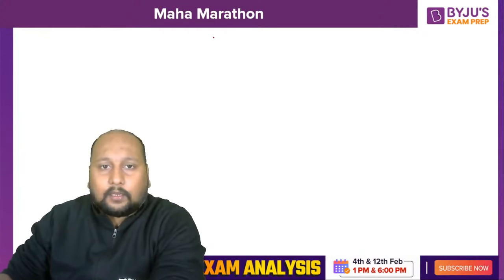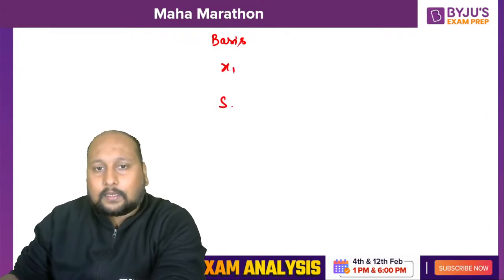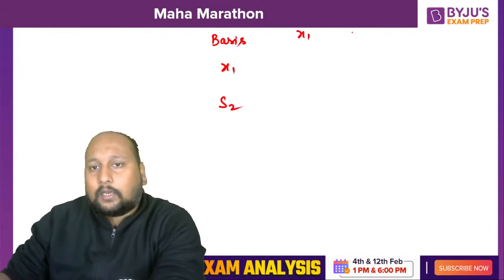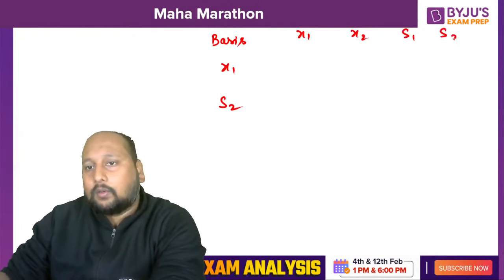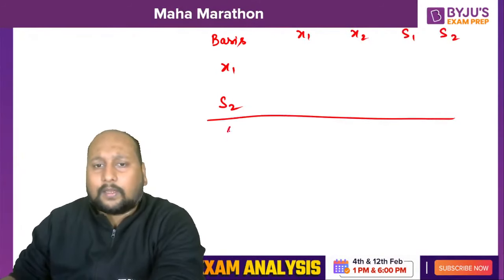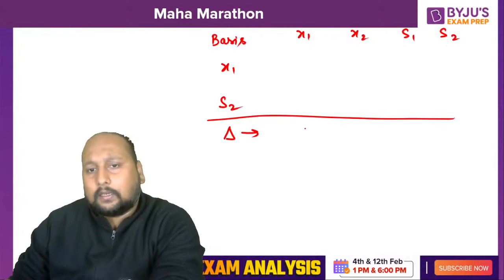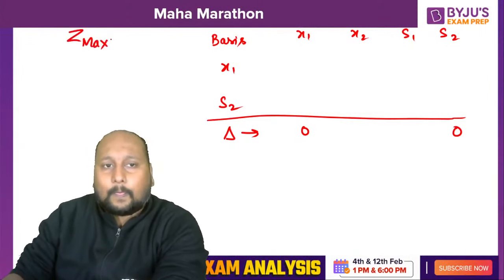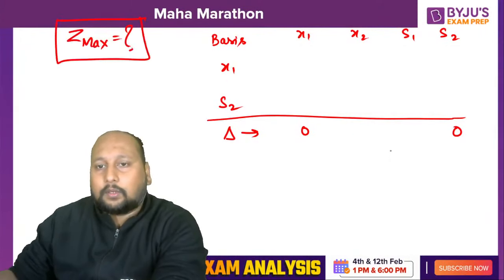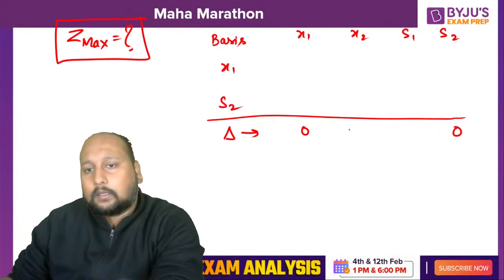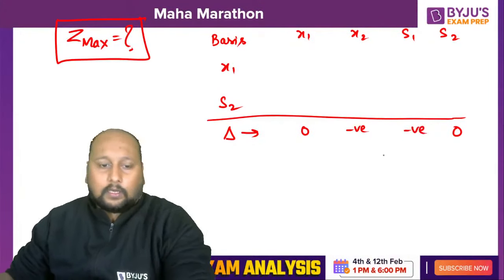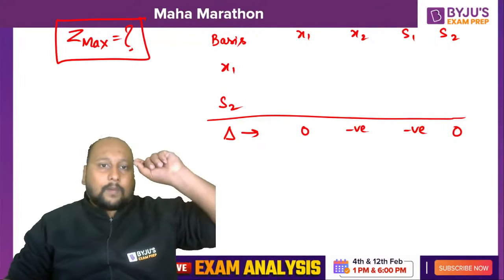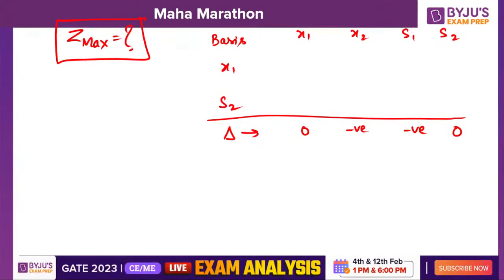Let us suppose I'm having a basis, let's say x1, s2, and the variables x1, x2, s1, s2, and I'm having some delta values as, let's say, 0, 0, and I'm talking about a maximization problem, and this is negative, and this is negative. Tell me quickly, are we talking about the optimum value or not? Yes or no? Please check.